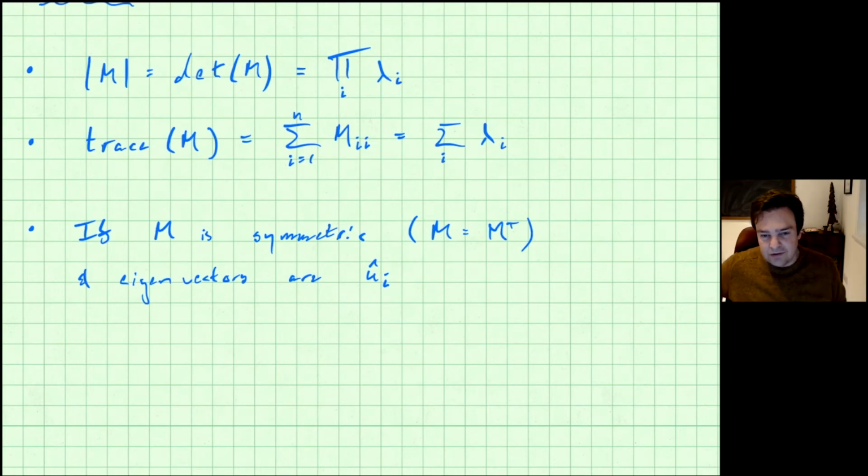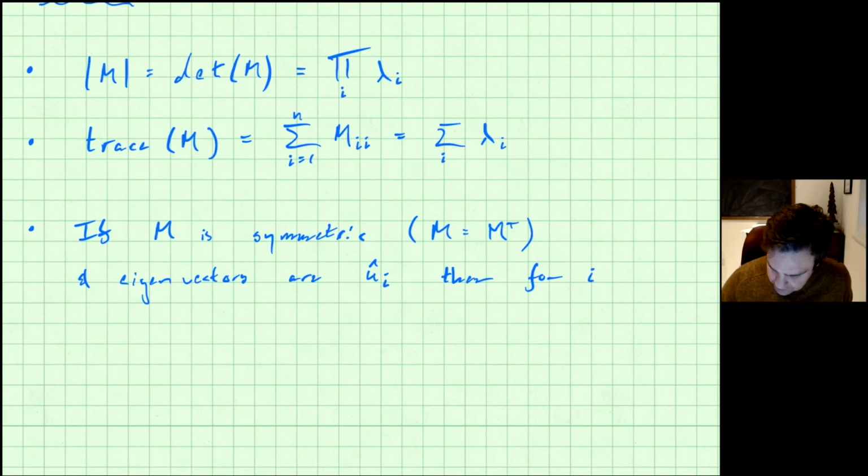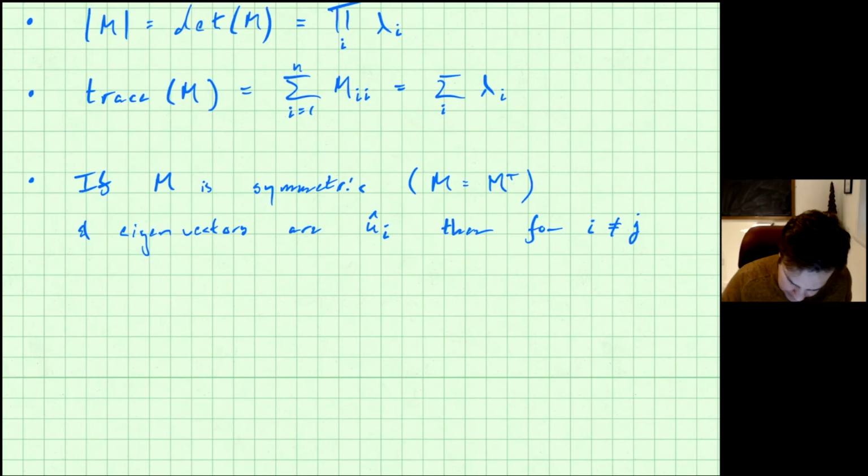The index i is for whichever ordering you do. It's one of the eigenvectors, so it's 1, 2, 3, and so on up to n. The different eigenvectors associated with the matrix M, the unit eigenvectors, I should say. Then for i not equal to j, so if you look at two different eigenvectors, u hat i dotted with u hat j is 0.